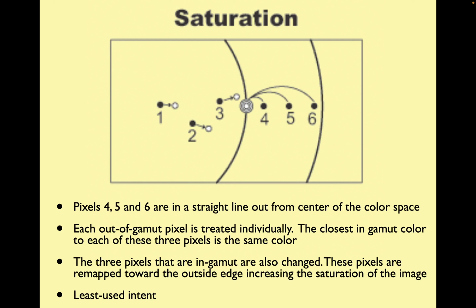So you can see 4, 5, and 6 are brought just in, but they are right on the edge of the most saturated that the printer can print. But then you'll take a look here. 1, 2, and 3 are also pushed out, so it increases their saturation as well. So all of the colors are basically bastardized, but everything is made more saturated.